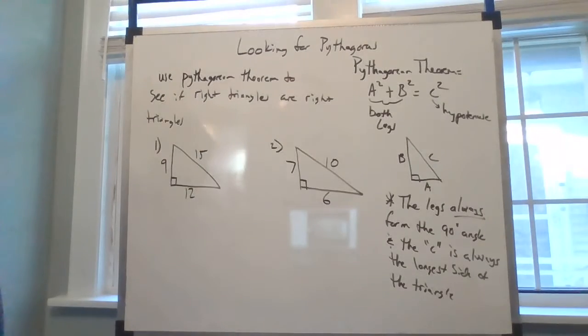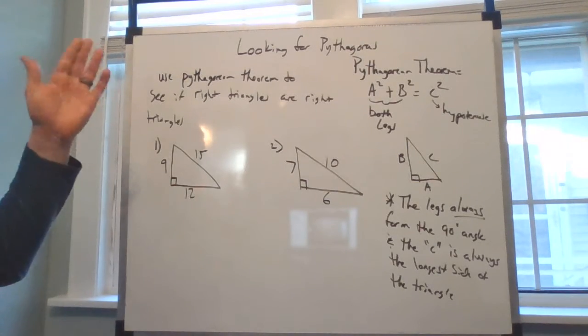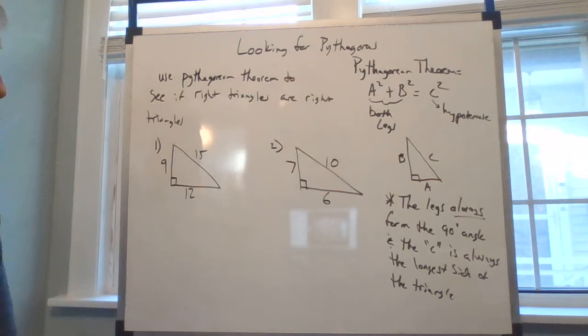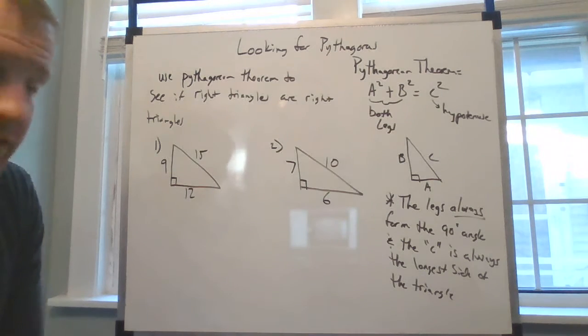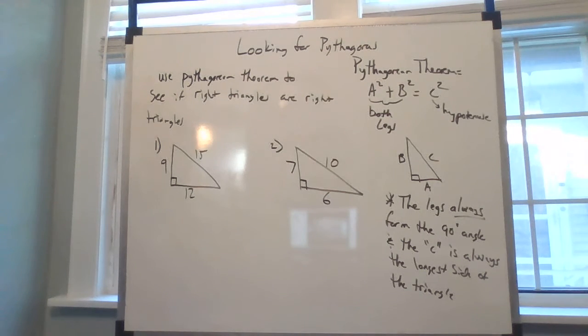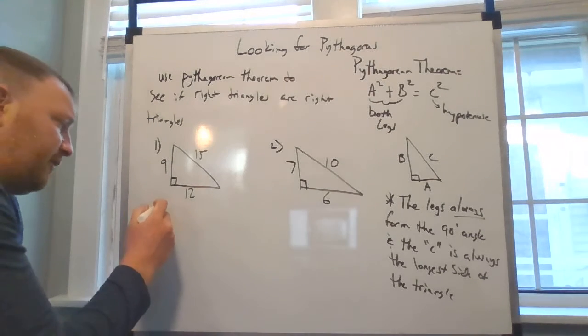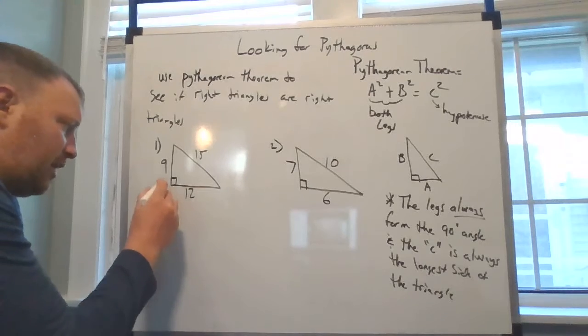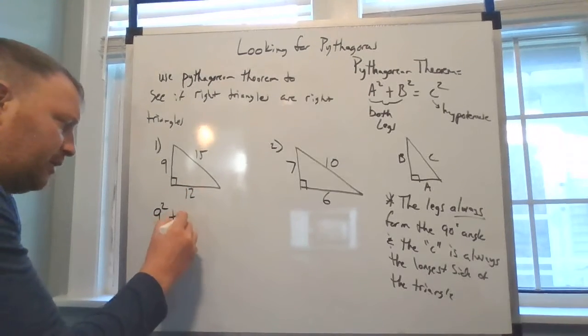All right, my last example for you is how to use Pythagorean theorem to see if right triangles are in fact right triangles. So let's just do the math and you plug it in to see if they add up to equal what they're supposed to equal. So I got 9 squared, because this is my A and my B, plus 12 squared.